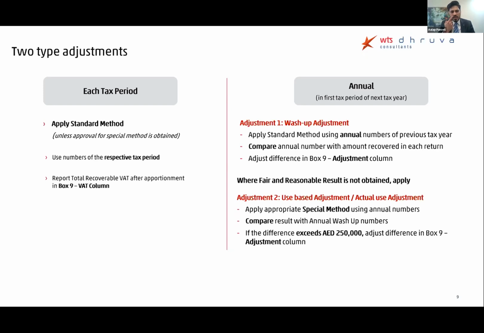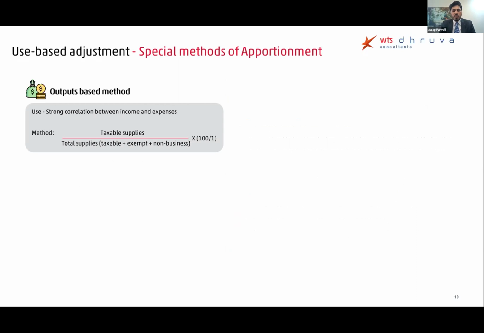So this special method application, many businesses have missed in the past years, and because of multiple reasons, which I will explain in my subsequent slide. So now I'll just explain the 4 special methods that are prescribed by the FTA. The first one is the output-based method.